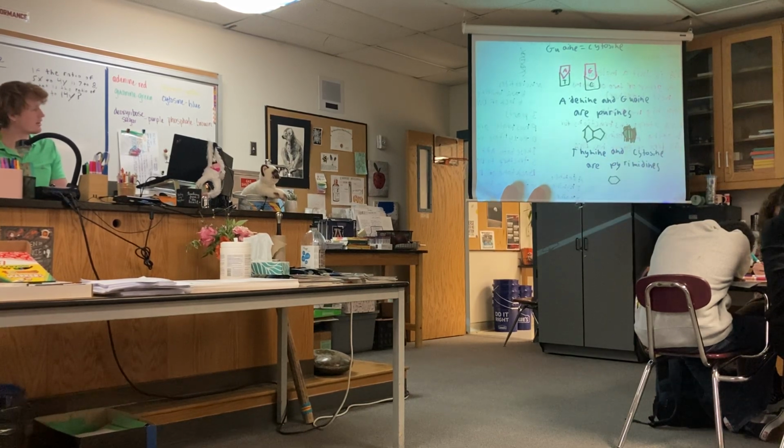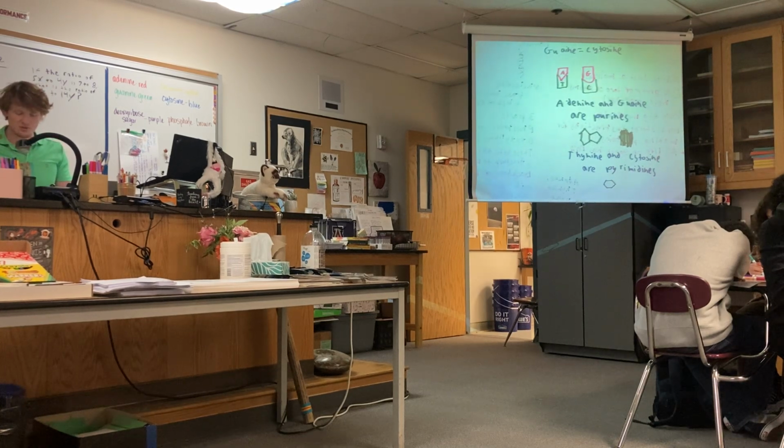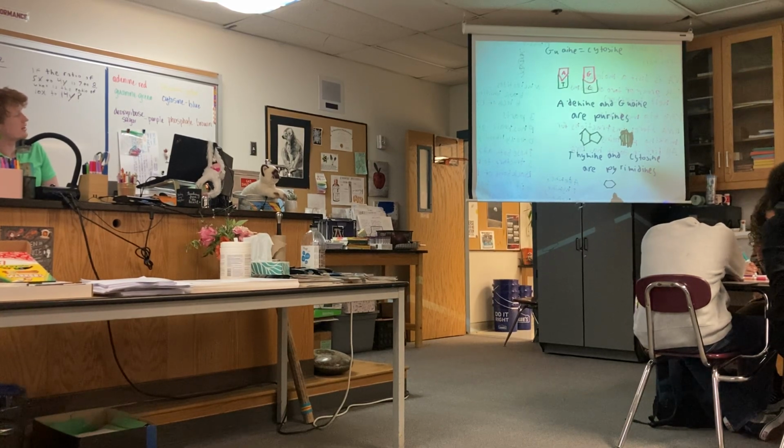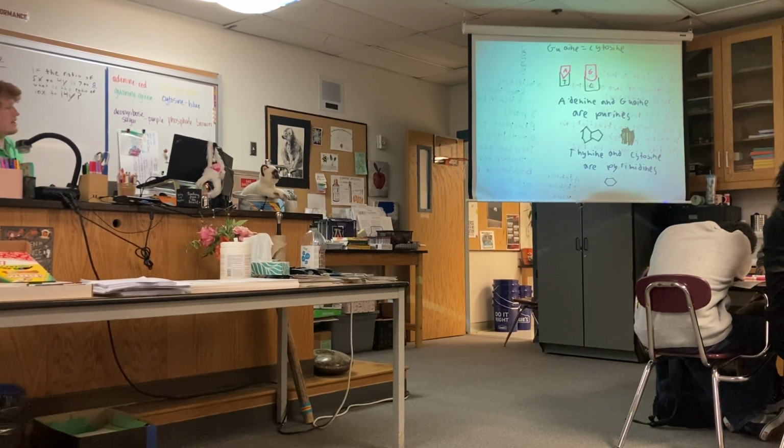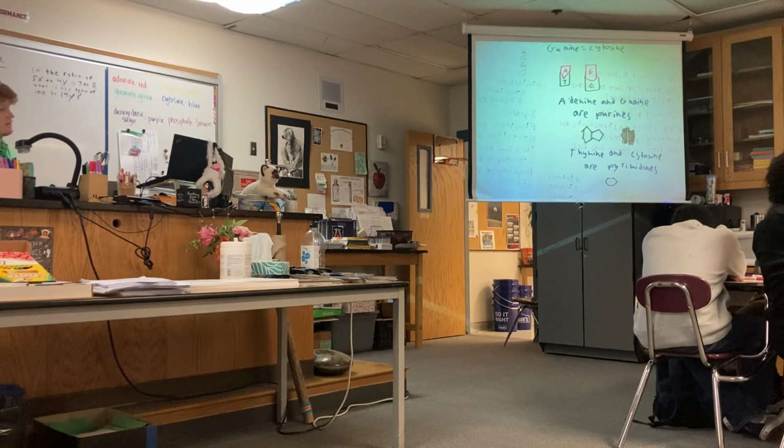They just have one loop in them. So thymine and cytosine are more similar to each other, and then adenine and guanine are more similar to each other. And then again, we categorize them into the names purines and pyrimidines. And that's what we'll wrap up notes for the day. So I'll let you write that down.